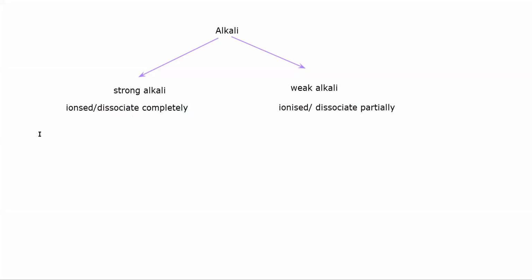So strong alkalis have more ions. Weak alkalis have few ions. It's the same concept. For example, sodium hydroxide is a strong alkali. Why do we call that a strong alkali?